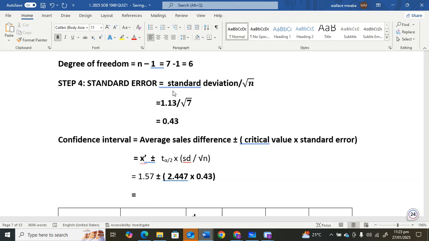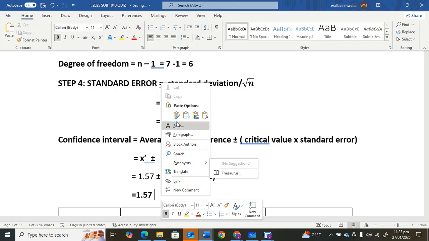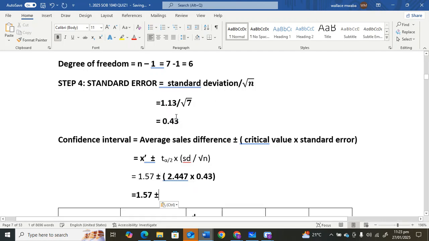So first multiply 2.447 times 0.43. That gives 1.052.